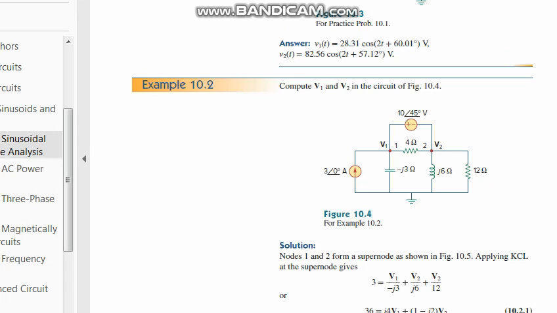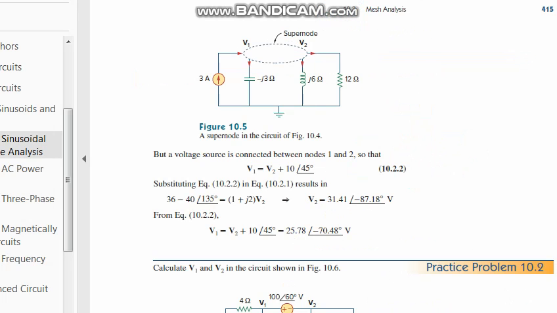According to nodal analysis you can easily solve this kind of problem, as in the previous lectures. If we remove this part from the previous section, we can recognize it as a supernode. Now you can easily analyze it.